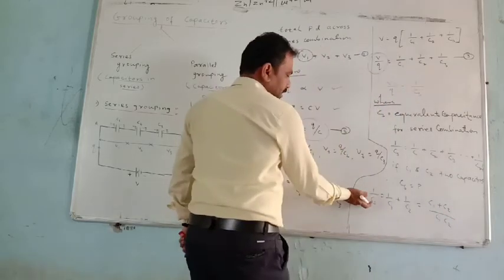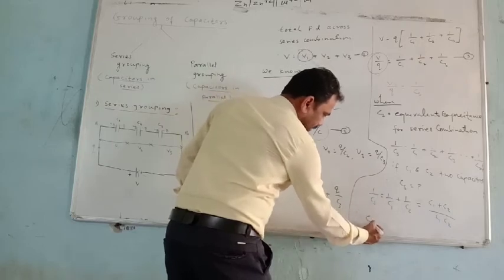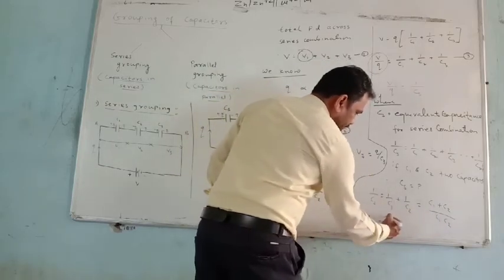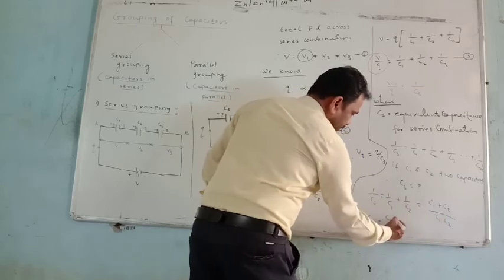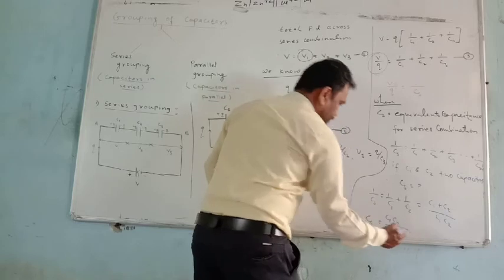If we take the inverse, CS is equal to C1 into C2 upon C1 plus C2.